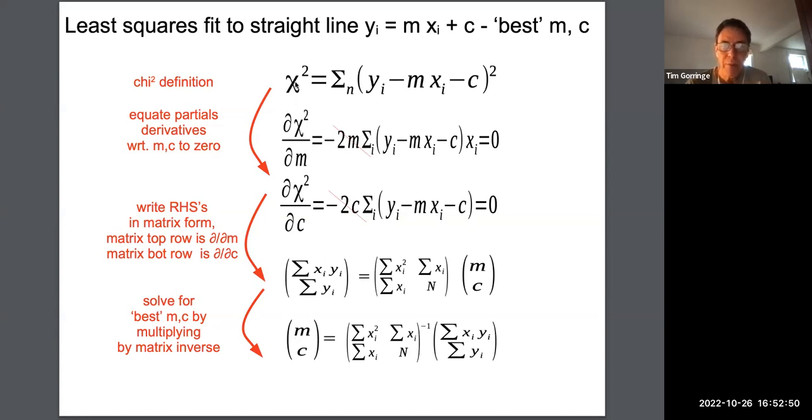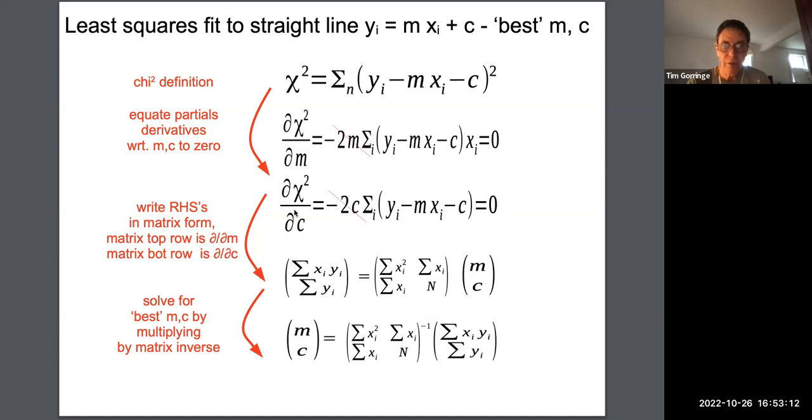So when we minimize the chi-squared, at the minimum of the chi-squared, the variation of the chi-squared with M is going to be 0 because we're at the bottom of this well. And the variation of the chi-squared with C is also going to be 0 because we're at the bottom of this well.